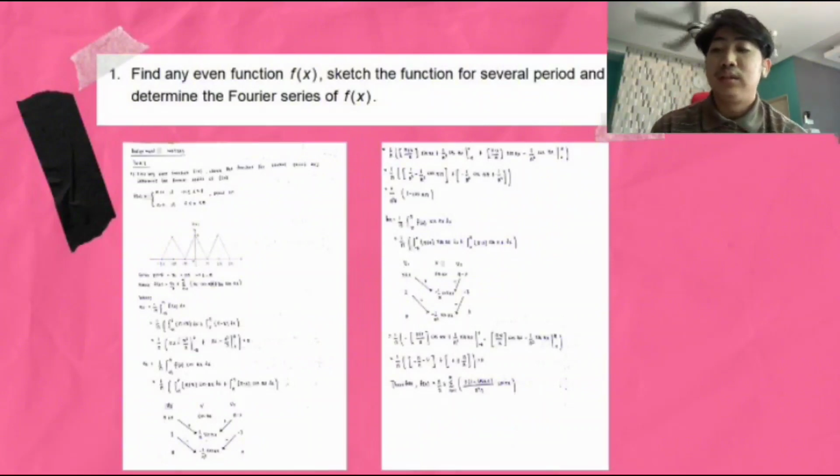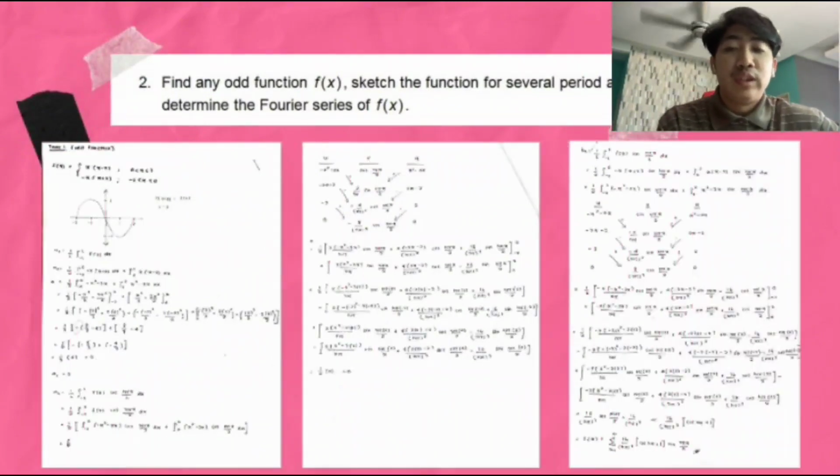The answer is 2 over n squared pi, 1 minus cos n pi. So for bn, 1 over pi, integral from negative pi to pi, f(x) sin nx dx. So the final answer for bn is 0.